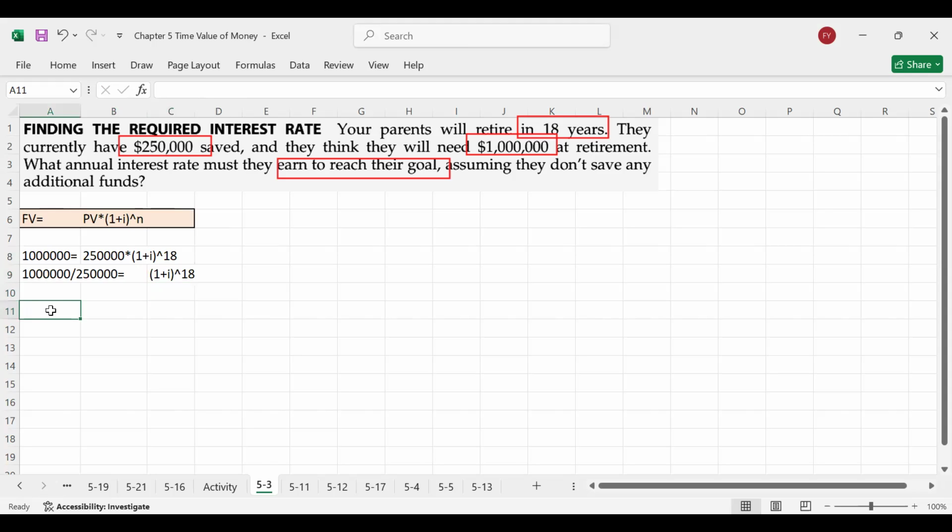When you divide 1 million by 250, what do you get? 4. On the other side, you have 1 plus I raised to 18.